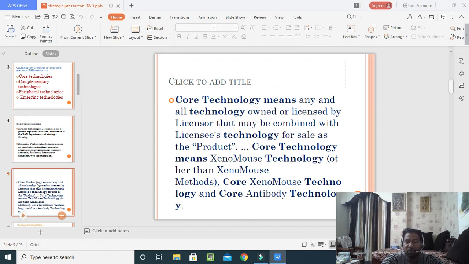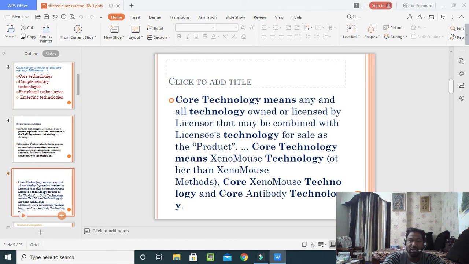The licensor will provide the product to the technology persons, and the person who is purchasing the technology is known as the licensee. The person who is providing the technology is known as the licensor. There will be an agreement between the licensor and licensee. So that is how core technology takes place.